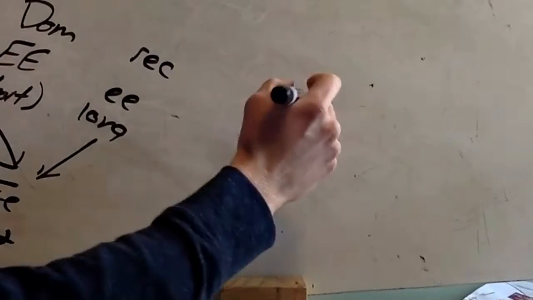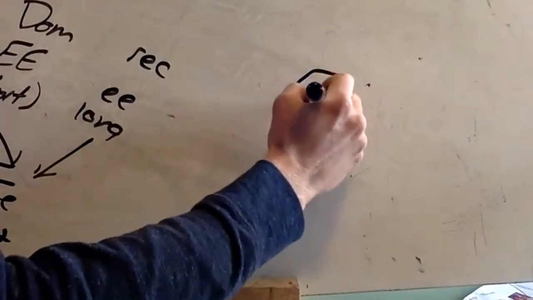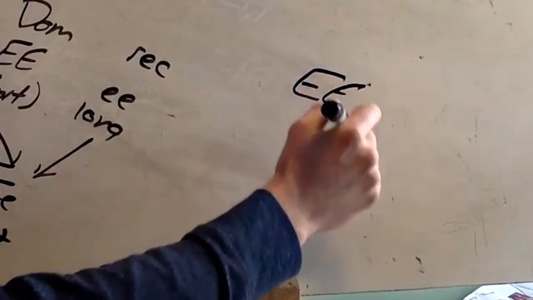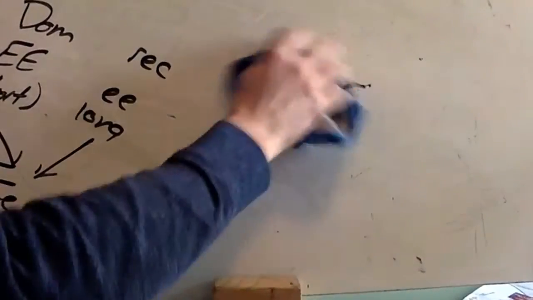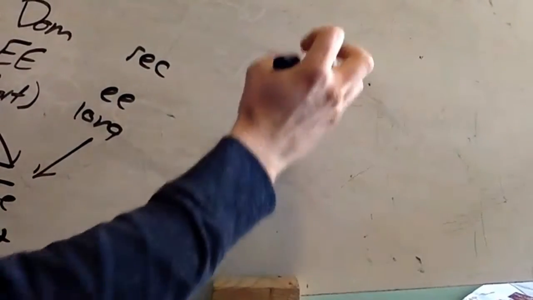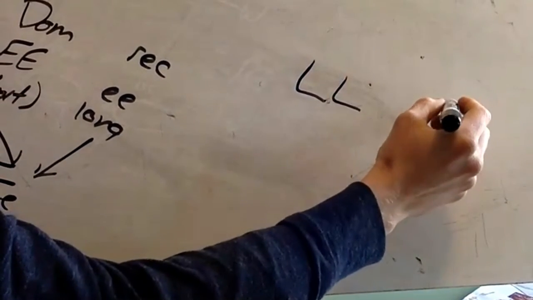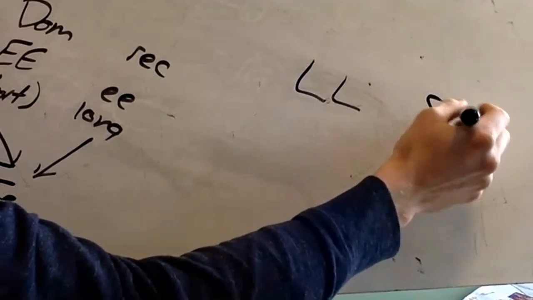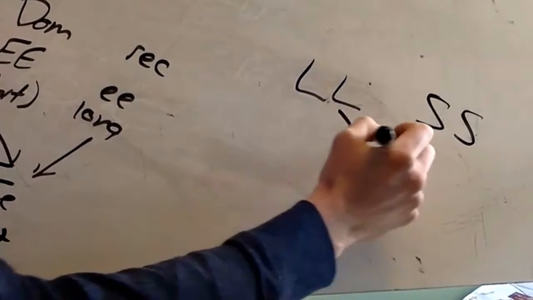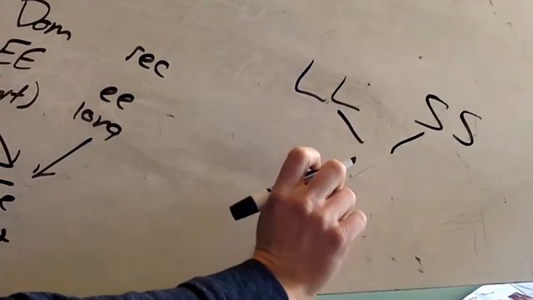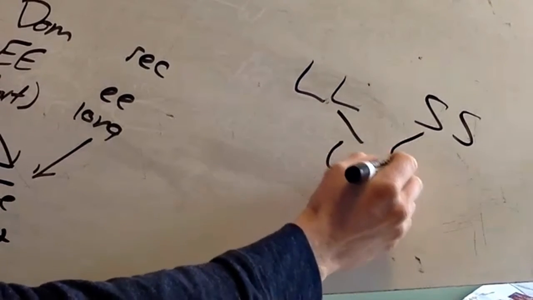Okay. But if you made this a codominant trait, big E for, well, actually, we should probably make them long and then short. So dominant, long. And then the other codominant trait is short. So if we bred these together, they would make somebody who has a long allele and a short allele.